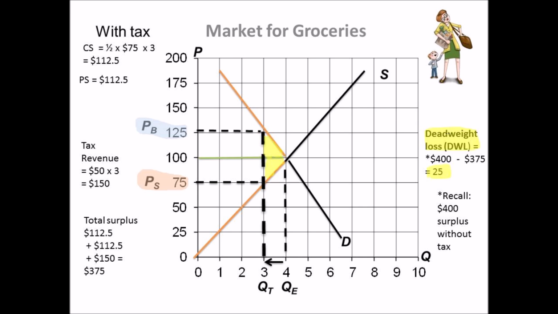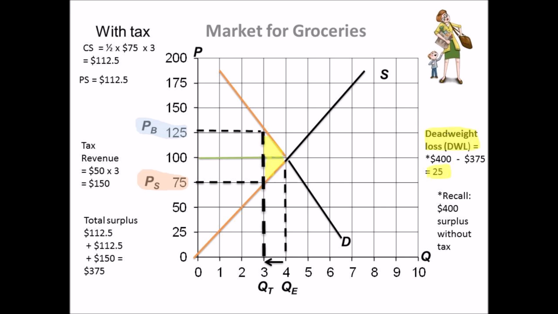Then we compute the tax revenue. The tax imposed for both the buyers and sellers is $50. Multiply this by the 3, the new quantity, and we get $150. Now we add everything, consumer surplus, producer surplus, and tax revenue, where we get $375.